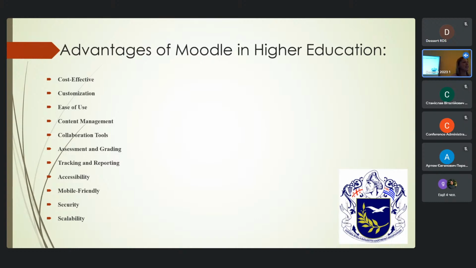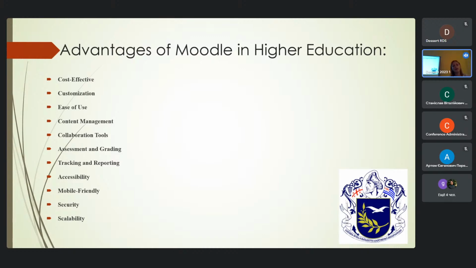It's more accessible because it complies with web accessibility standards, ensuring that all students, including those with disabilities, can access and engage with this platform. It's more secure because with regular updates and a large user community, it's helpful for identifying and addressing security vulnerabilities properly.